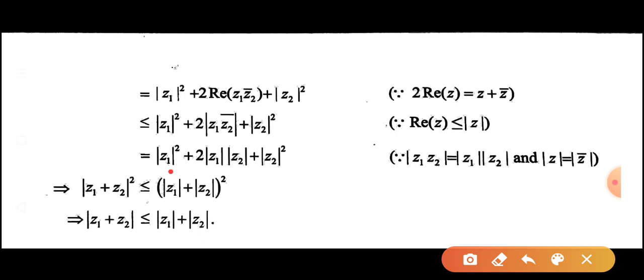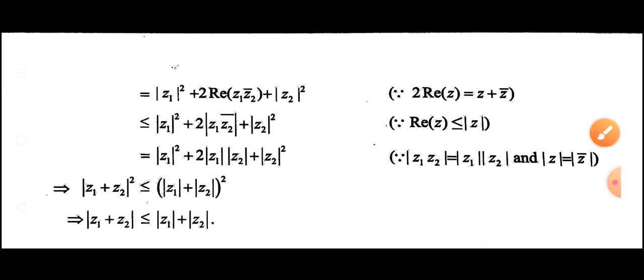Modulus z1 square and modulus z2 square have no change. We get 2 into modulus z1 into modulus z2 bar. But modulus z equals modulus z bar, so we write only modulus z2. On the left hand side we have modulus z1 plus z2 whole square, less than or equal to modulus z1 square plus 2 into modulus z1 modulus z2 plus modulus z2 square.